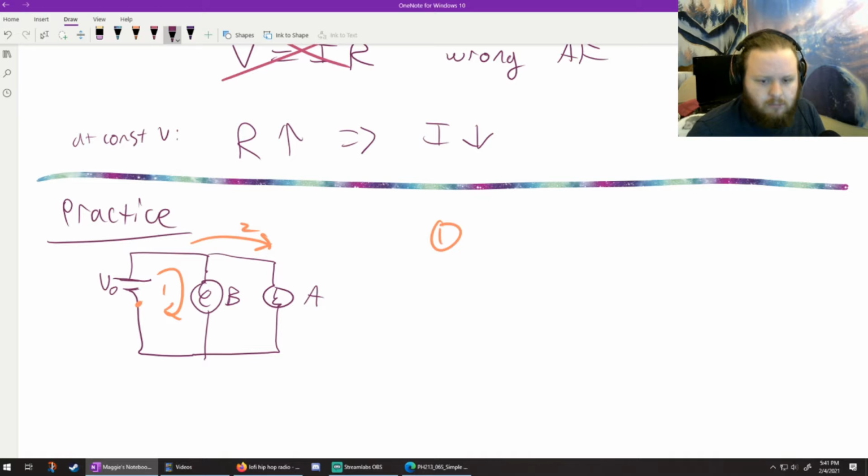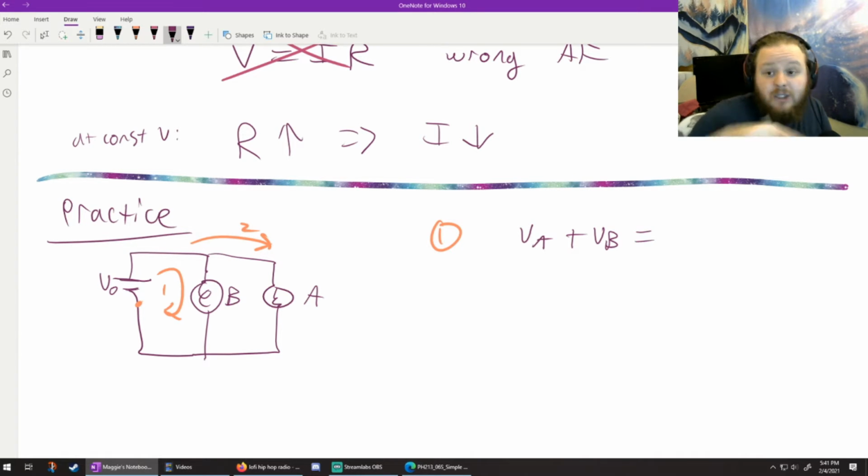Voltage source. Starting at the point, I'm going to go the correct direction over a battery, from negative to positive, which gives me a plus V0. Then I'm going to go over VA, then VB, and then I'm going to come back to the point that I started at.